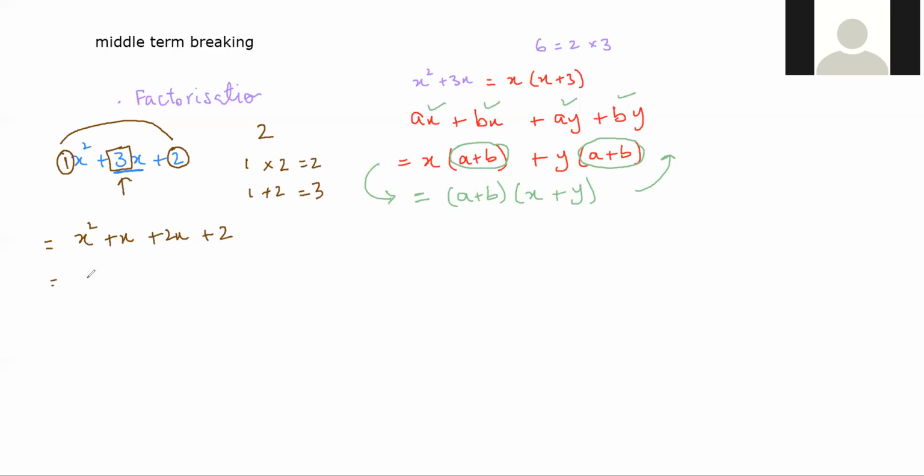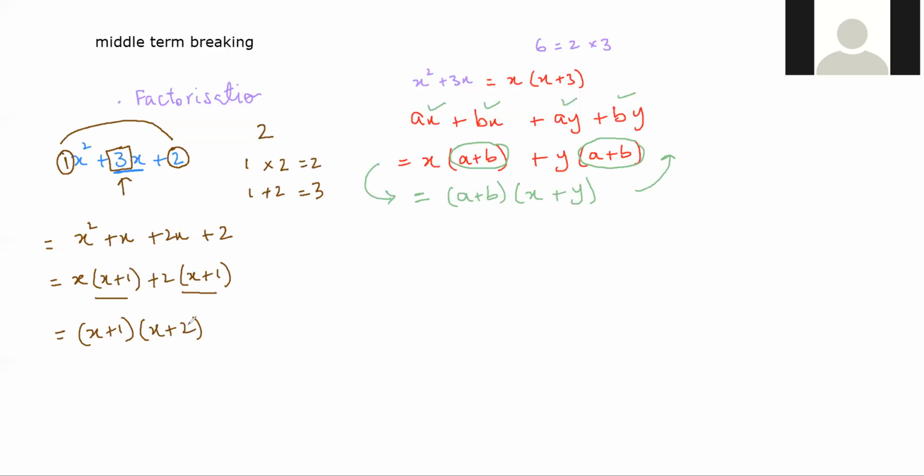We can take x common from the first 2 terms, and you can take 2 common from the next 2 terms. When you do this, you should always get the same expression inside these brackets. This is the surety that you have done this correctly. So this is going to be x plus 1 taken common from these two, into x plus 2.